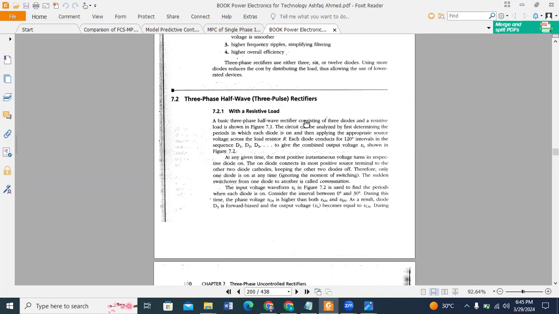That's the reason it is three pulses out of six. And how can we get all six pulses in a three phase full wave rectifier?